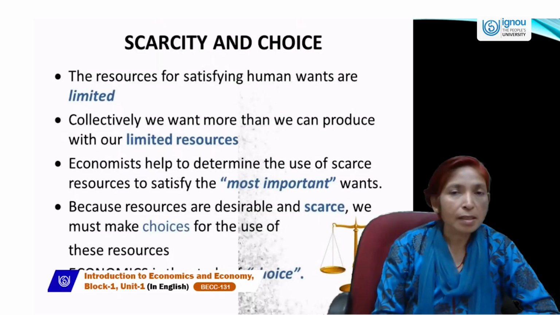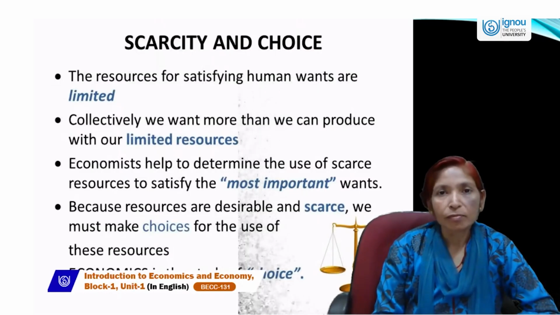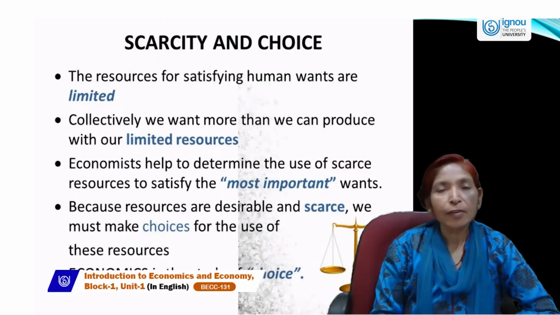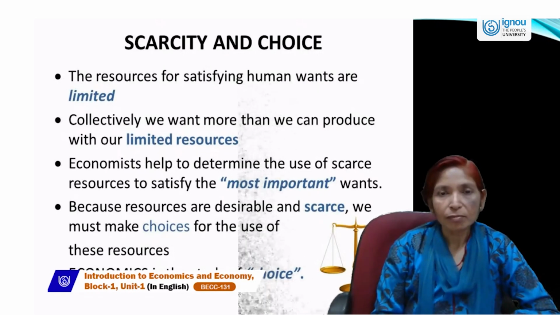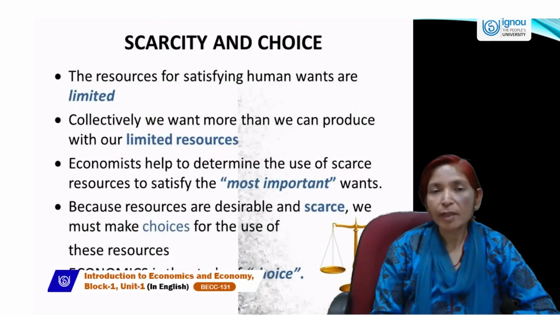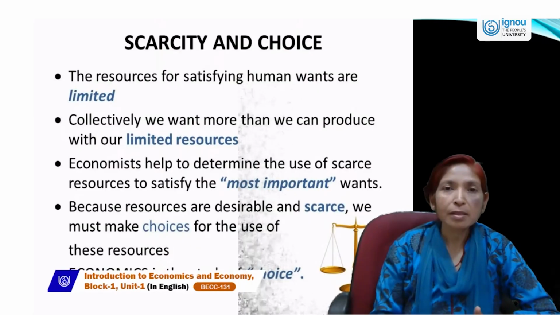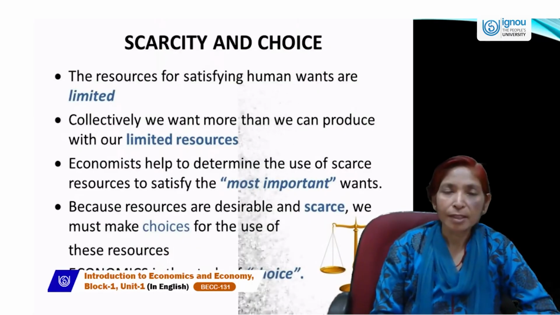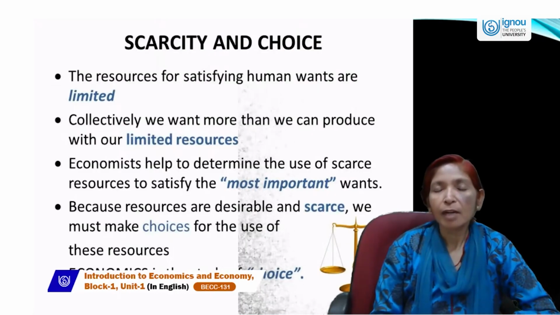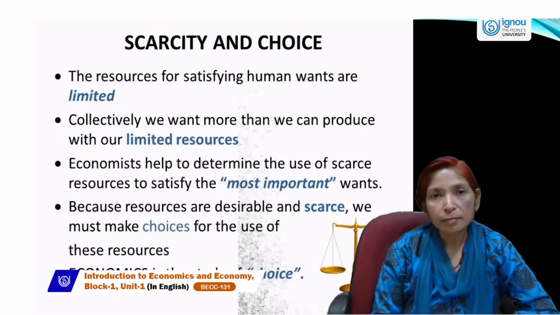If there is a large scarcity of any commodity, then higher will be the price of that commodity. If there is no scarcity, then price will be lower. For example, diamond is very costly, but water is very cheap. Its reason is that diamond is very scarce and available in very limited quantity, but water is abundant.